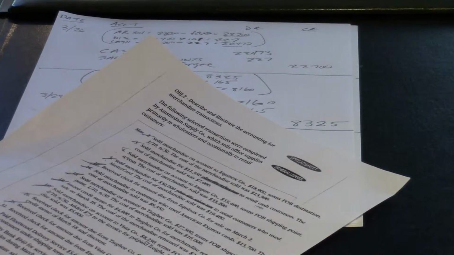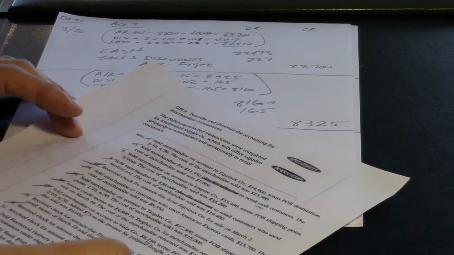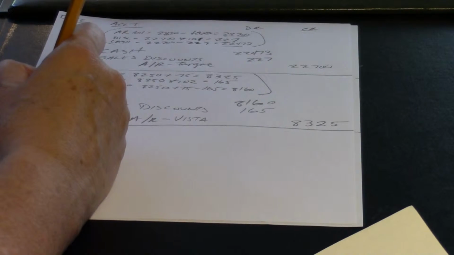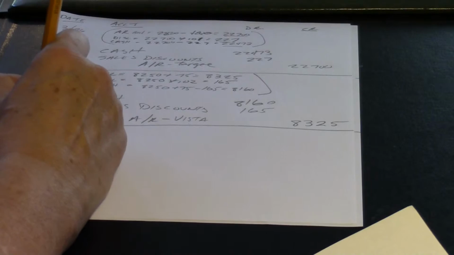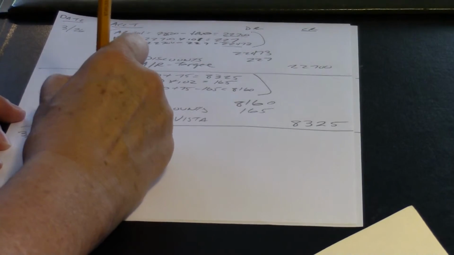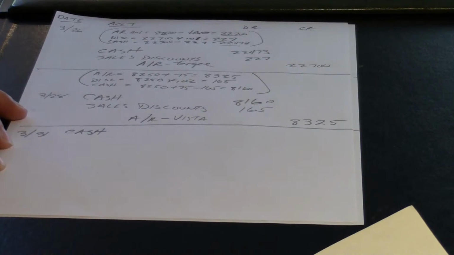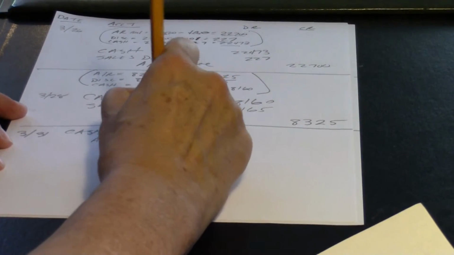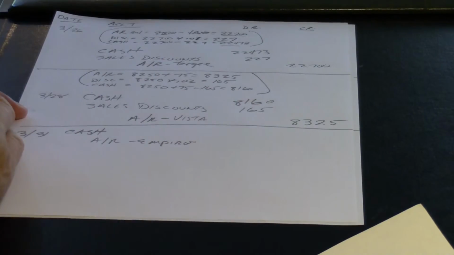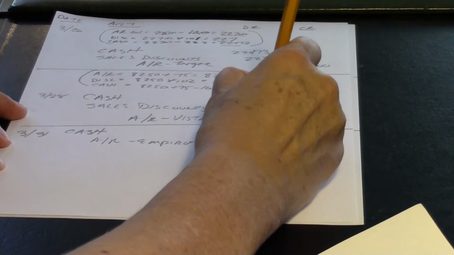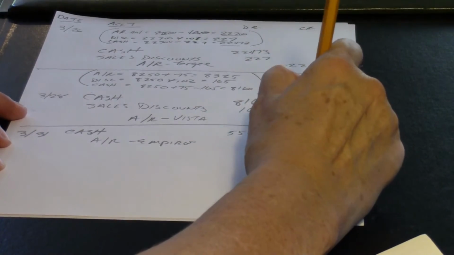Obviously, they're going to be sending us cash, right? Empire, so account receivable Empire is $55.04, the whole amount. That's easy.